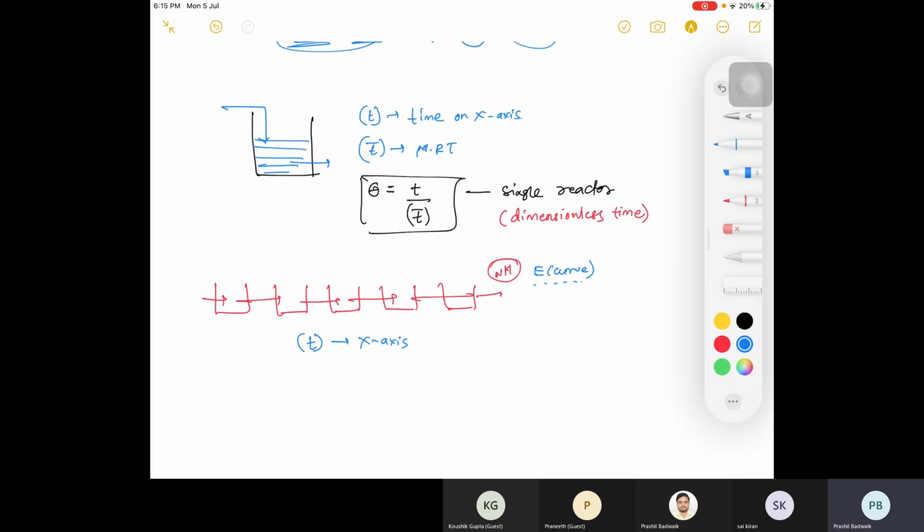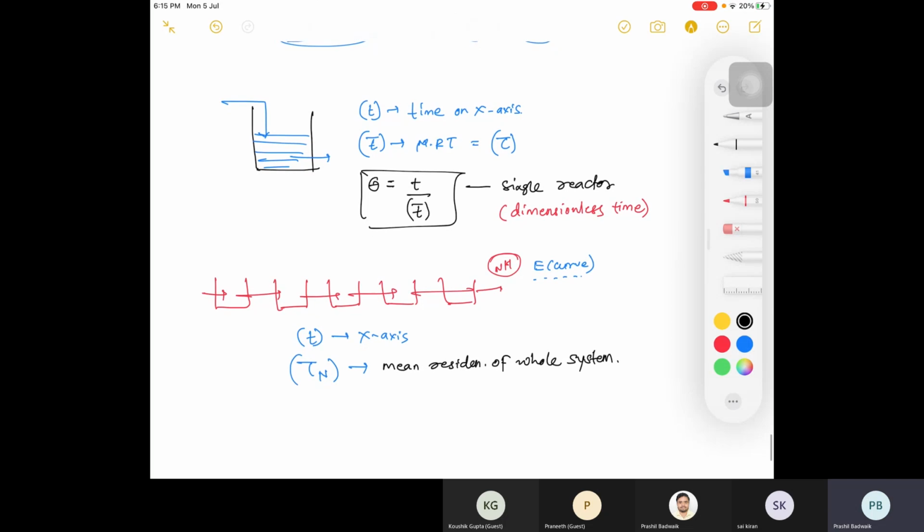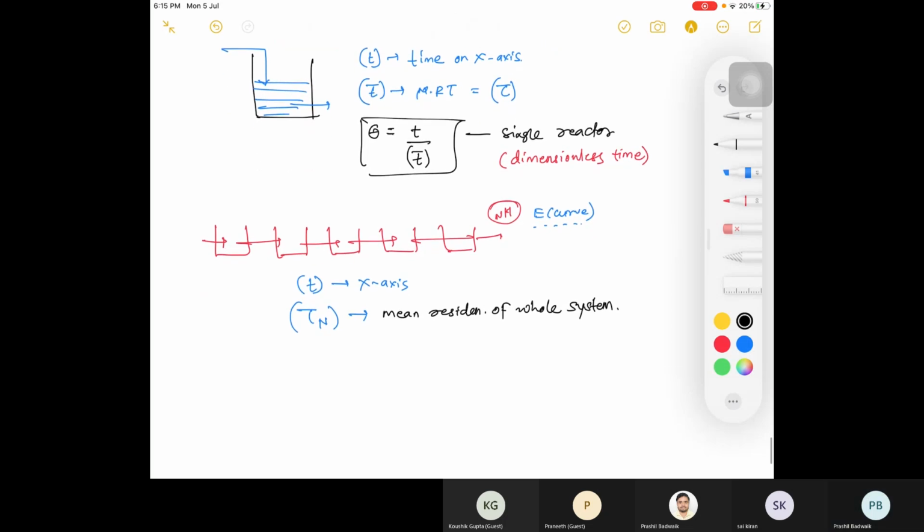Your t mean for the whole system, the mean residence time, you can write as tau n.